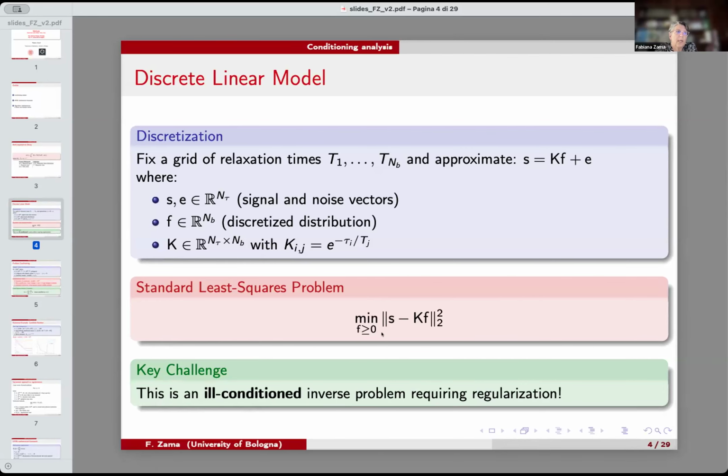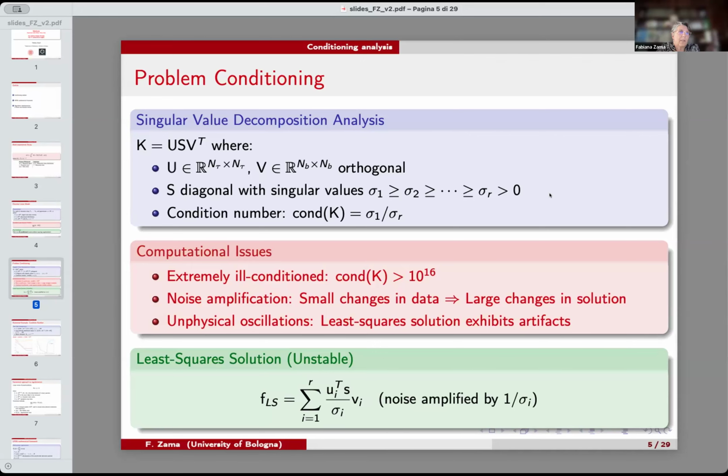They can simply contain the rounding errors, or they can contain more meaningful information. The problem comes when our singular values become as small as the rounding error because of the nature of the operator, and this is what happens in this situation. So we end up with a very ill-conditioned system, which means not only that this number is large, but also that we have a very small value here.